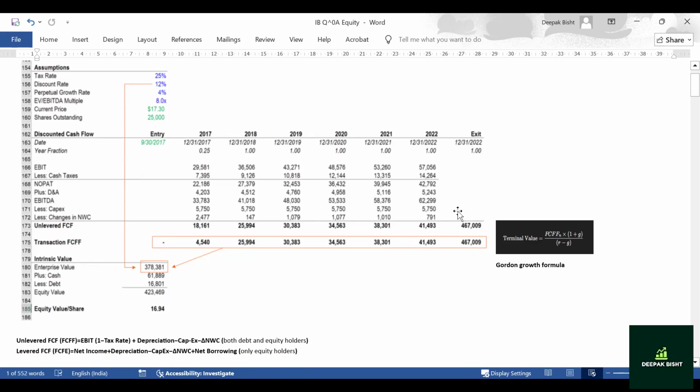A small change in the discount rate or terminal growth rate can have a huge impact due to the compounding effect over an indefinite period. Let's assume the perpetuity growth rate is 5% instead of 4%. That 1% change in terminal growth rate can change the value by around 20 to 30%. So that's why they are sensitive to growth rates.